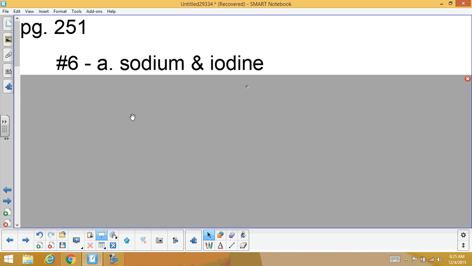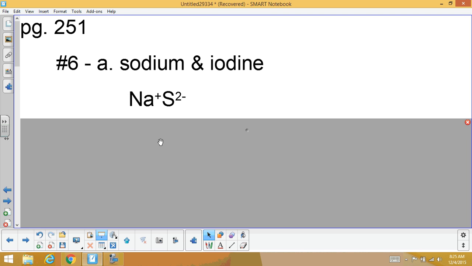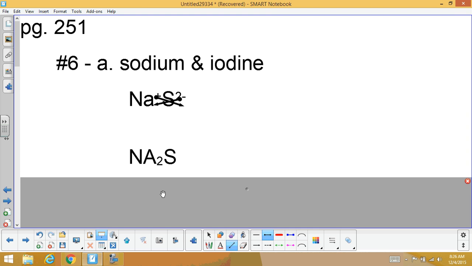6A is sodium iodide, or sodium and iodine. Looking at our periodic table, Na1 plus, I1 minus. Cross it over, cross it over. Take away the charges, so you end up with Na.